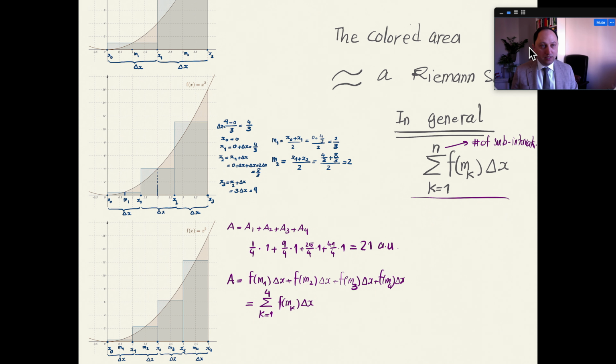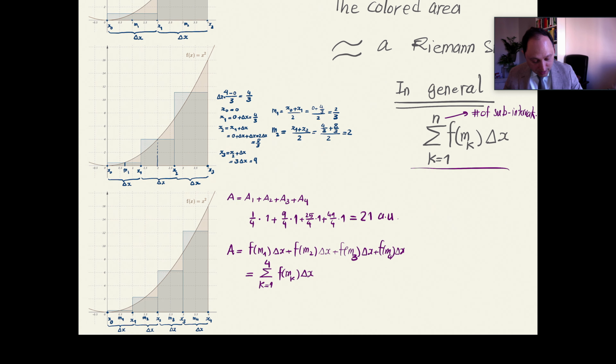I told you it's not practically possible, apparently, but it's intuitively clear what we are supposed to do. You have to make infinitely many. Exactly, infinitely many rectangles, which is practically a little bit absurd, yes, because how can I do it? But let us not worry about that one.